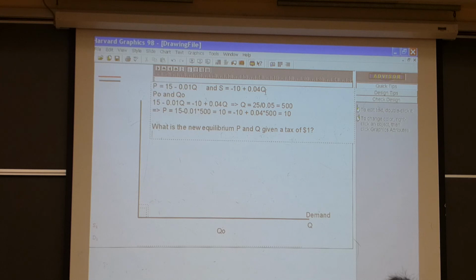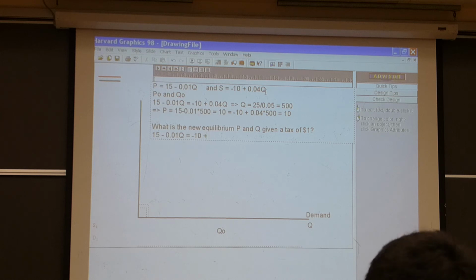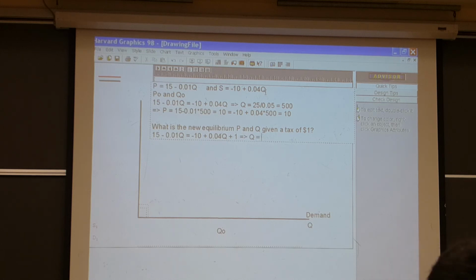So it turns out we solve the same demand function, which is what we did, equals minus 10 plus 1 plus 0.04 Q, which implies Q equals 24 divided by 0.05, which is equal to what? $480.